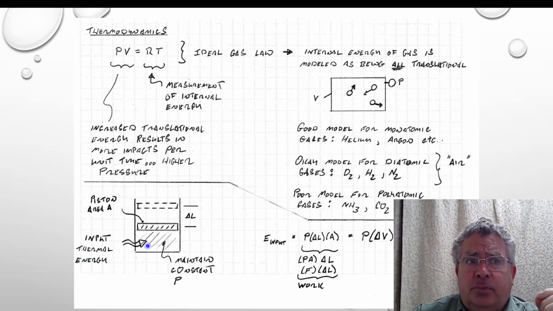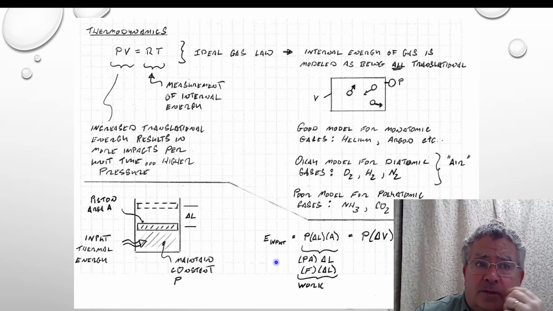So you input thermal energy in order to maintain constant pressure, and the volume of the piston needs to increase. Think of it: the pressure times the area is a force, right? And then that force acts through a distance delta L, which is work. So force times distance is work, and that gives you your PdV work.